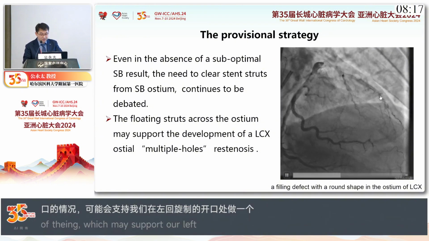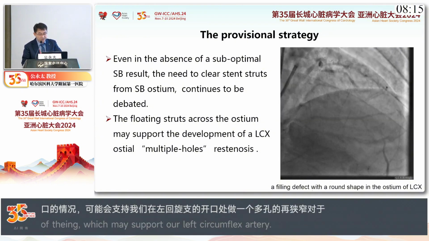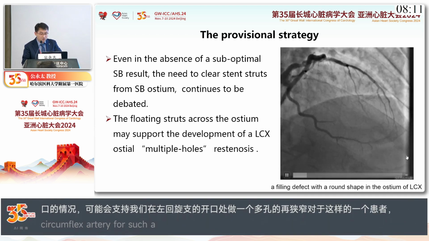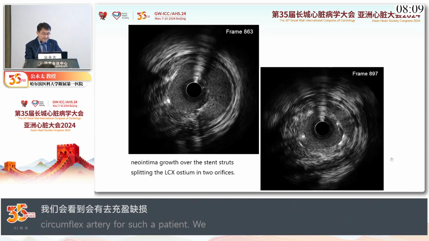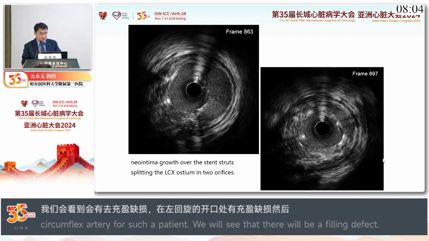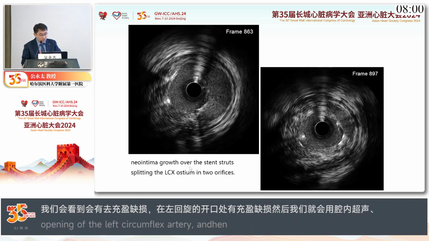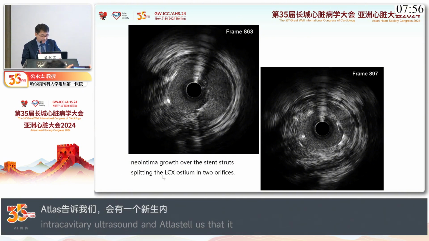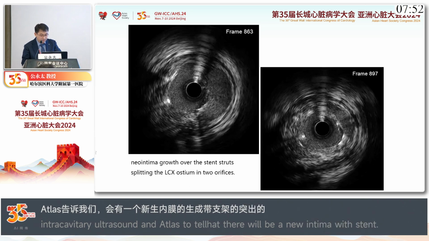For this patient, we can find a filling defect with a round shape in the ostium of the circumflex, and we performed IVUS imaging, and the results showed neointimal growth over the stent struts, and splinted the circumflex ostium into orifices.